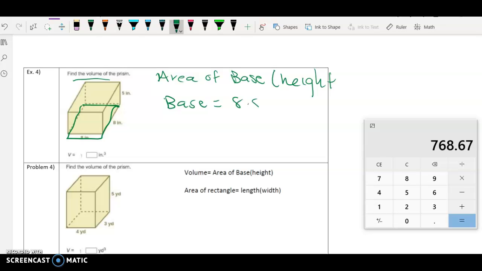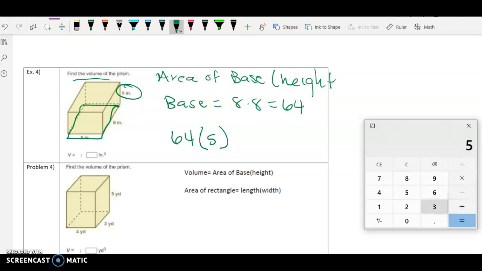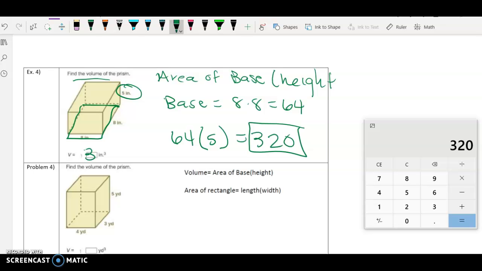So we have 8 times 8, which is 64. Then we're going to multiply 64 by our height, which is 5. 64 times 5, and we get 320 for our answer. So that's all you have to do for the volume questions.